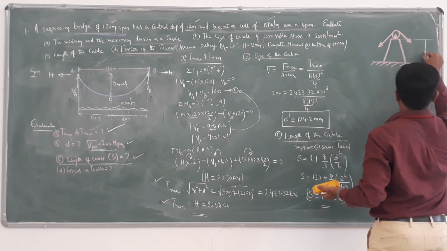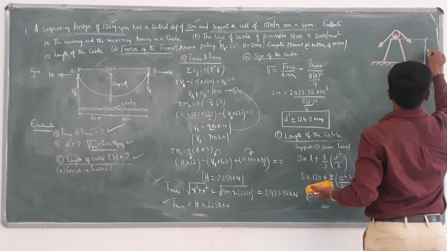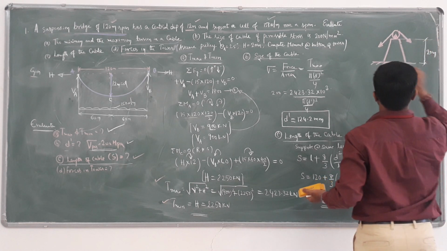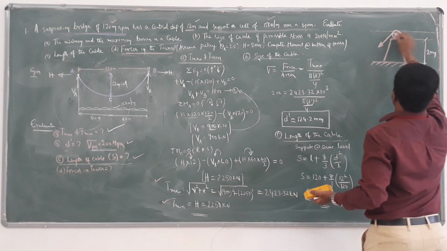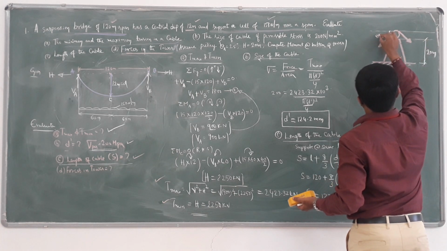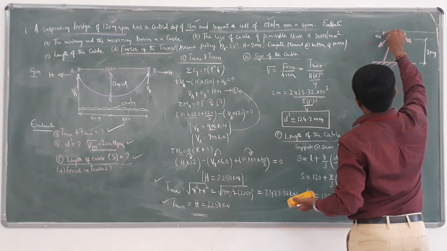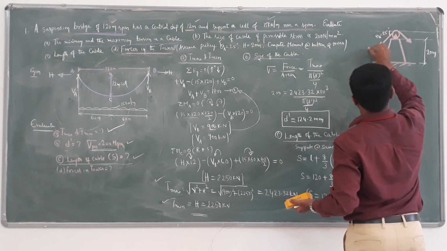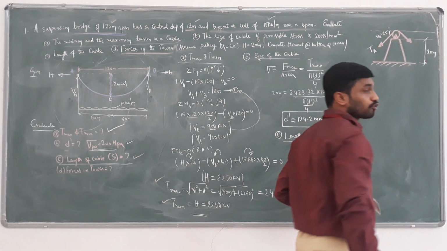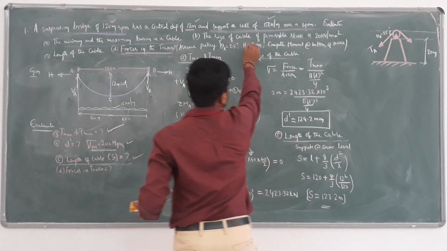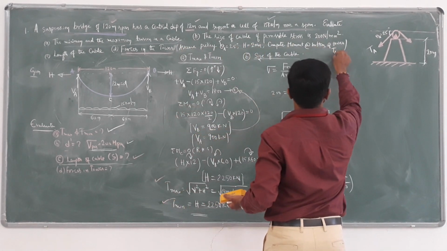The height of the tower is given, that is 20 meter, and this theta A is given as 25 degree. So I want to compute force TA. Forces in the tower means I want to compute the moment at the bottom as well as TA.